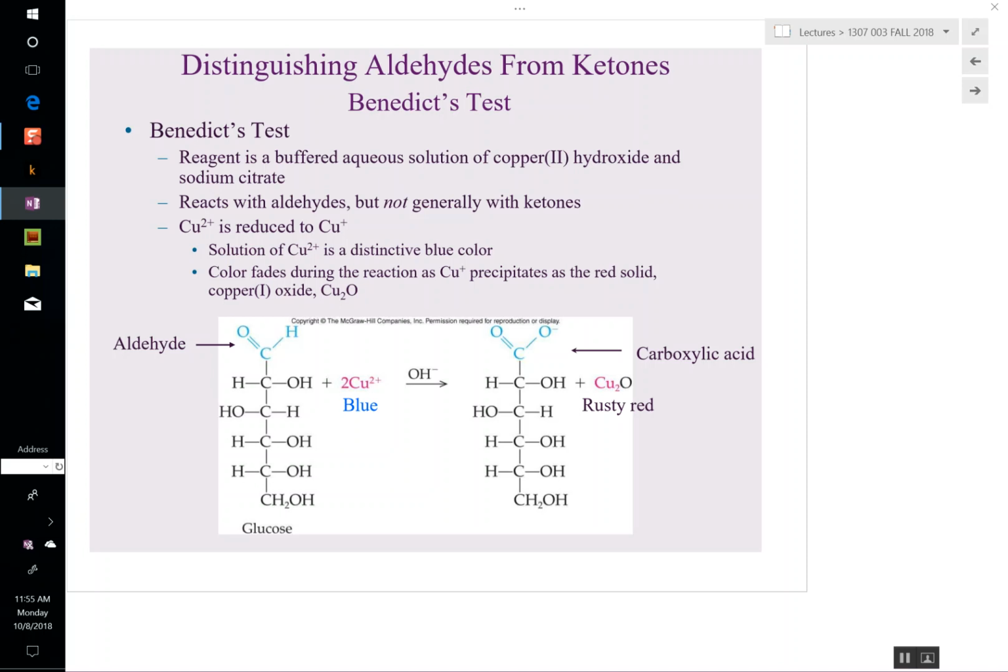The Benedict's test is a very simple basis for a urine analysis to see if an individual is passing sugar into their urine, so that sugar is actually being excreted through the kidneys, which is not normal. The body retains sugar, does something with it, burns it or stores it, but doesn't excrete it.